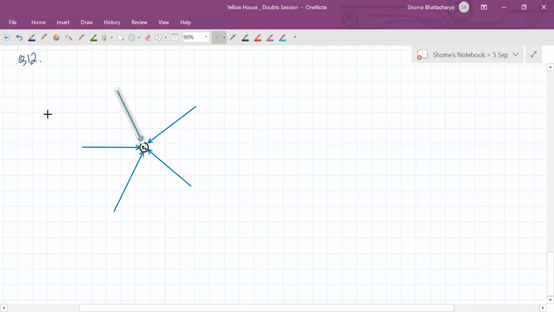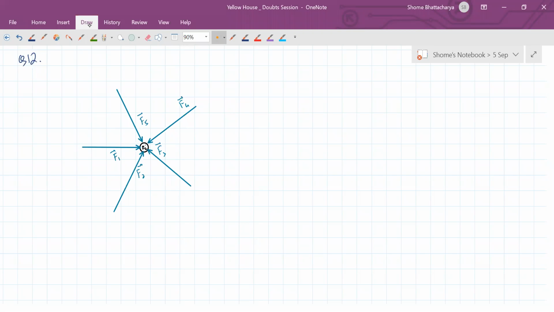So let's say these are our 5 forces. They are forces F1, F2, F3, F4, F5. Now the thing about these forces is that they are firstly all the same in magnitude.